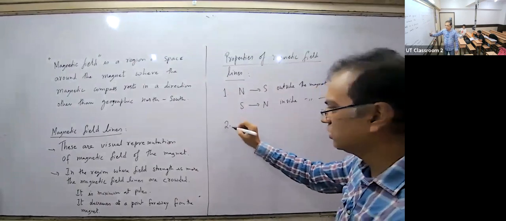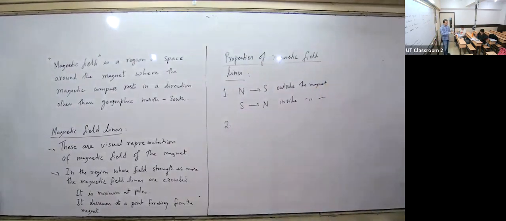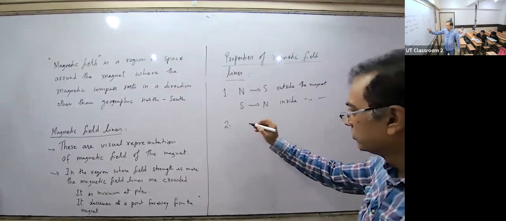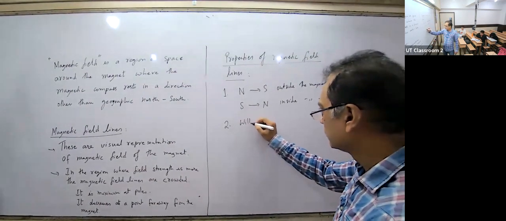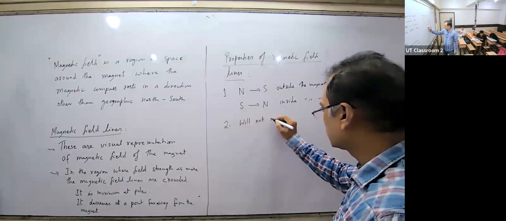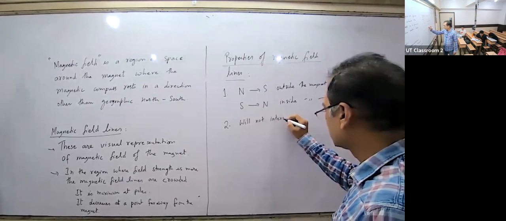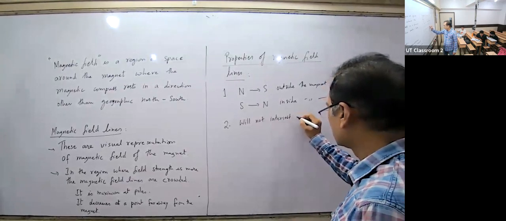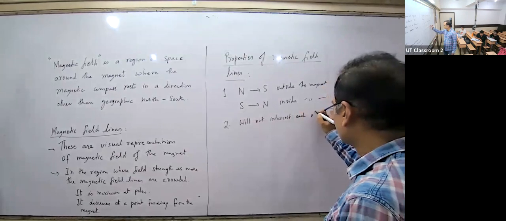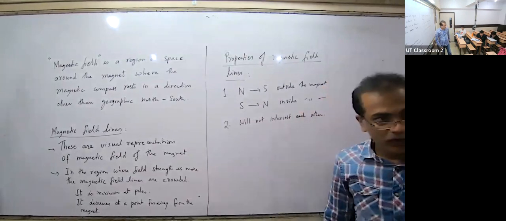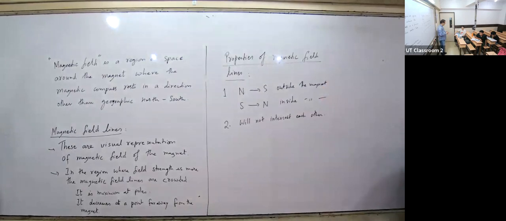Okay. Second, they will not intersect each other. Because if the magnetic field lines intersect each other, what happens?